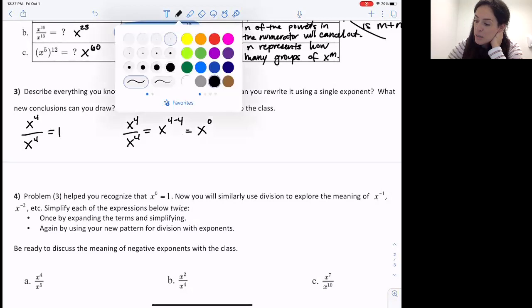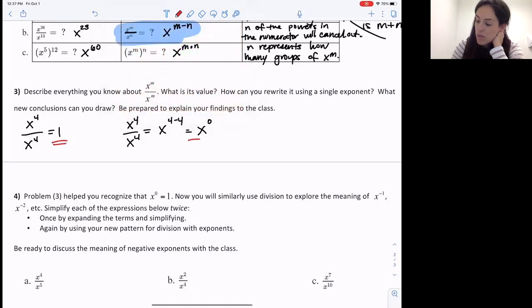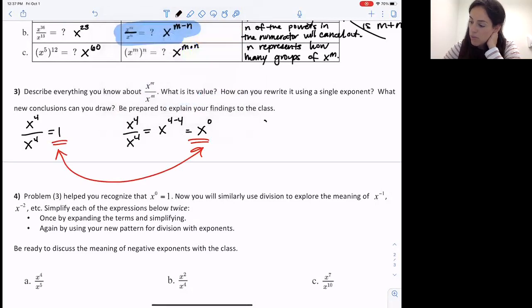What does this mean, people? If x to the fourth over x to the fourth is equal to 1, and x to the fourth over x to the fourth is equal to x to the 0, well, what it means is these are the same thing. So x to the 0 equals 1.